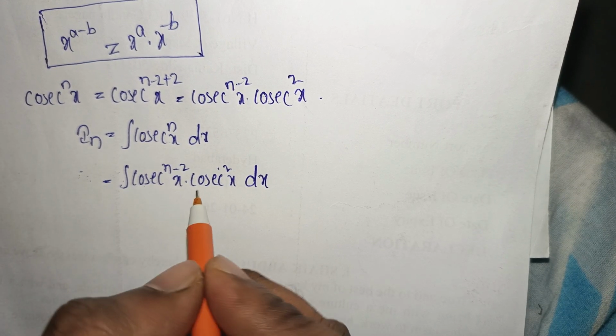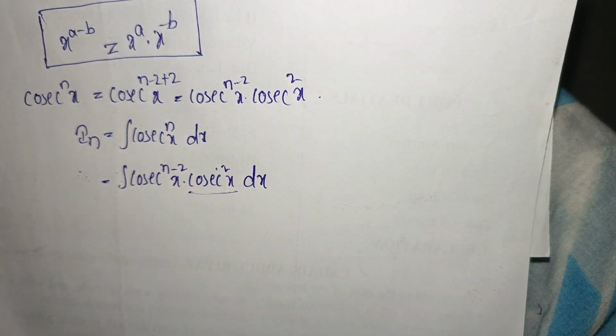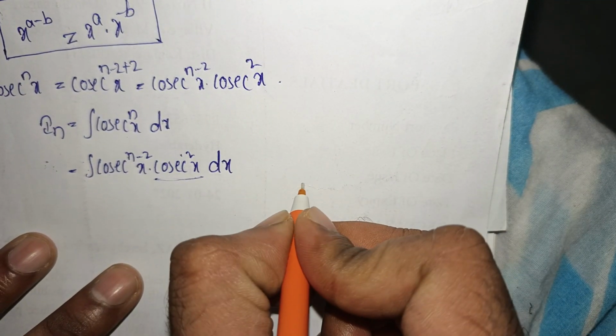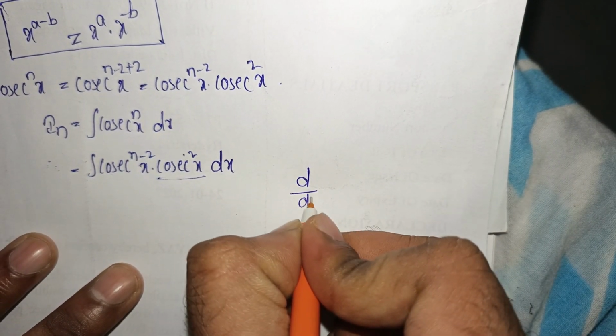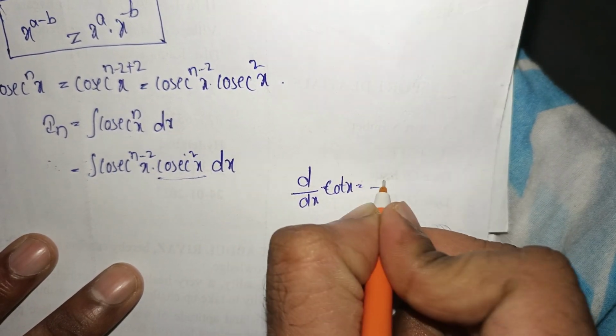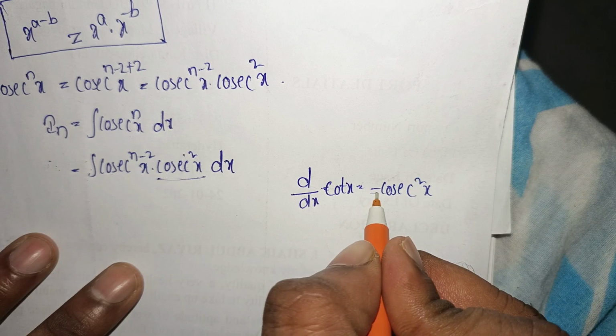If you notice here, this cosecant square x is the derivative of cot x. If you know that d by dx of cot x equals minus cosecant square x, but we don't have minus here.